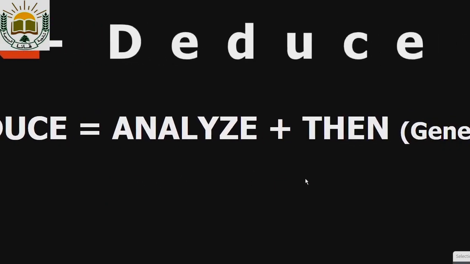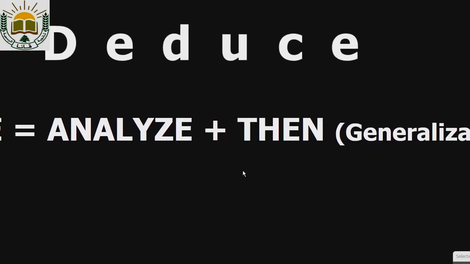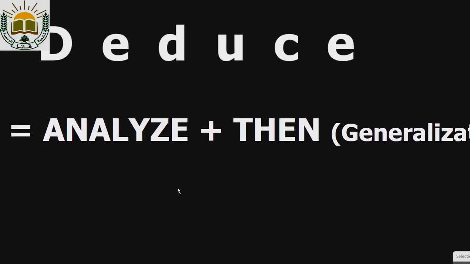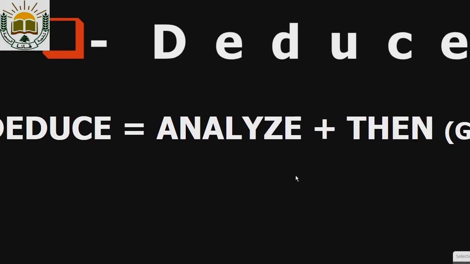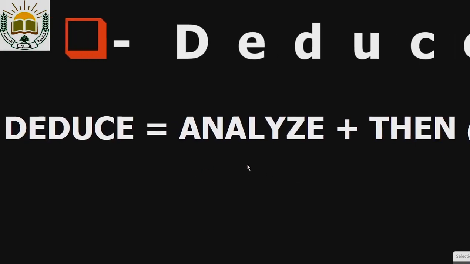At the end, you write then, the generalization. Give me more time to explain this, please. The shape or the format of the answer on the verb deduce is like this. First, you write the analysis in a paragraph.